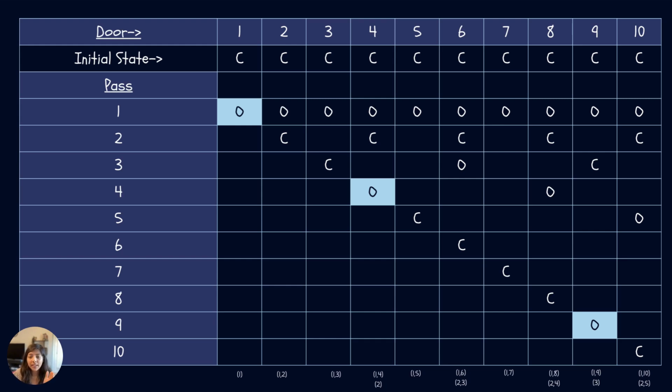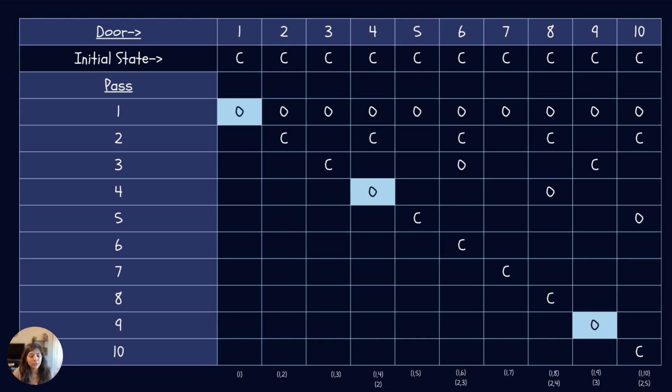Door number 9 has 3 divisors, 1, 9 and 3. Because it's a perfect square, 3 is not repeated twice. So this has an odd number of divisors. And all perfect squares like 1, 4, and 9 have an odd number of divisors. That is why the doors are toggled an odd number of times.